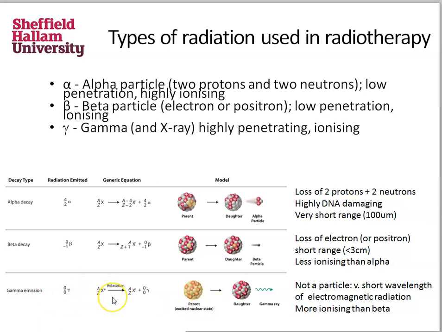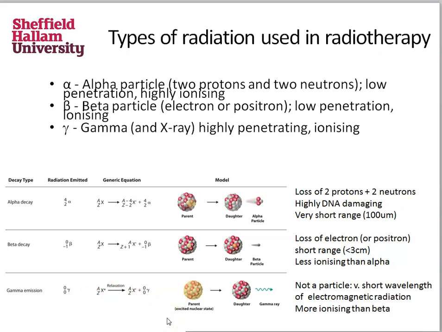Gamma emission is where the radioactive particles can give out a photon of very high energy electromagnetic radiation, which, as I mentioned, is just an extension of the spectrum of light. For most radiotherapy, we don't use radioactive decay of radioactive elements that give out gamma. We use a linear accelerator which generates X-rays at a very specific wavelength.